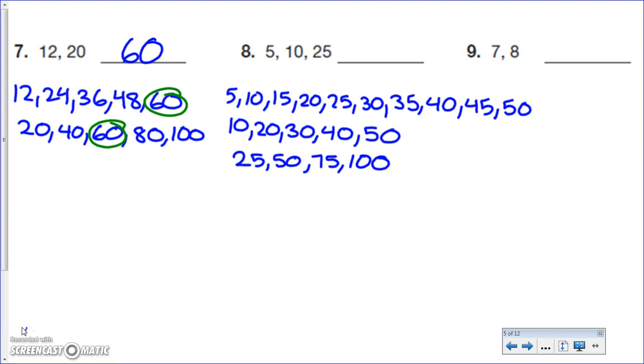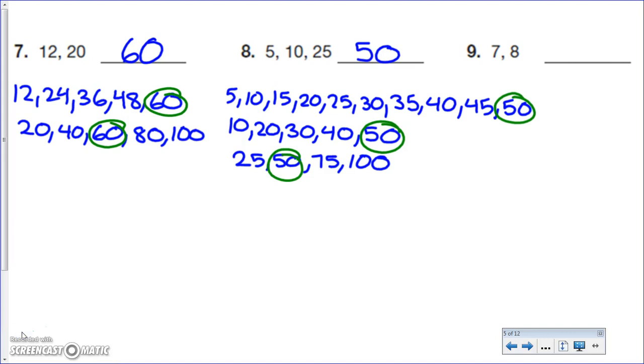Now we're going to look through all 3 lists, and we see 50 is the number that shows up first on all 3, so we're going to circle that. And that makes 50 our least common multiple for 5, 10, and 25.